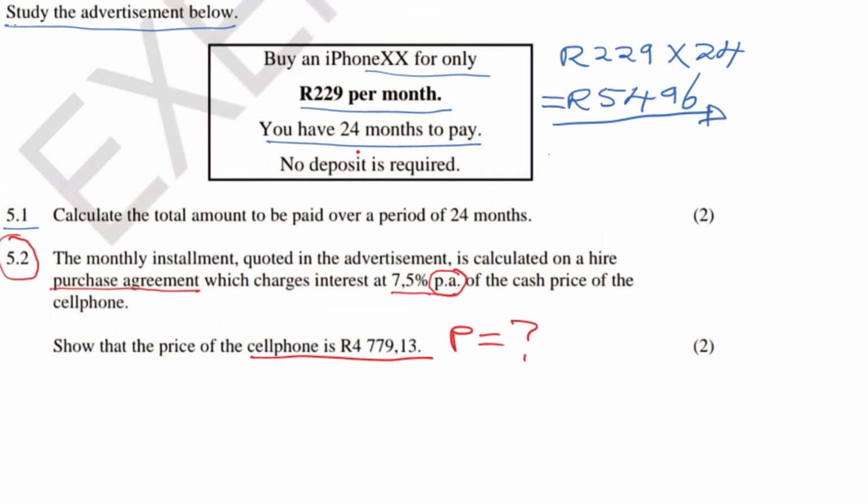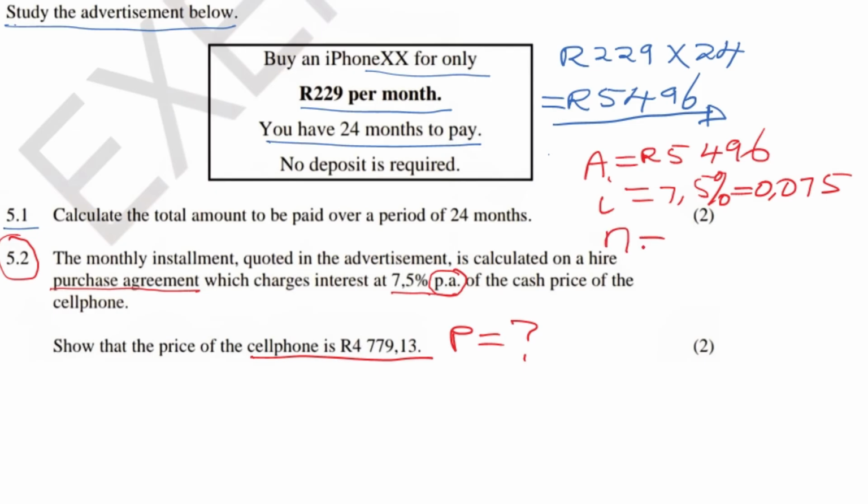So now let me write the shopping list that we have. The value of A is equal to 5,496. Our I is equal to 7.5%. In decimal, we will have 0.075.